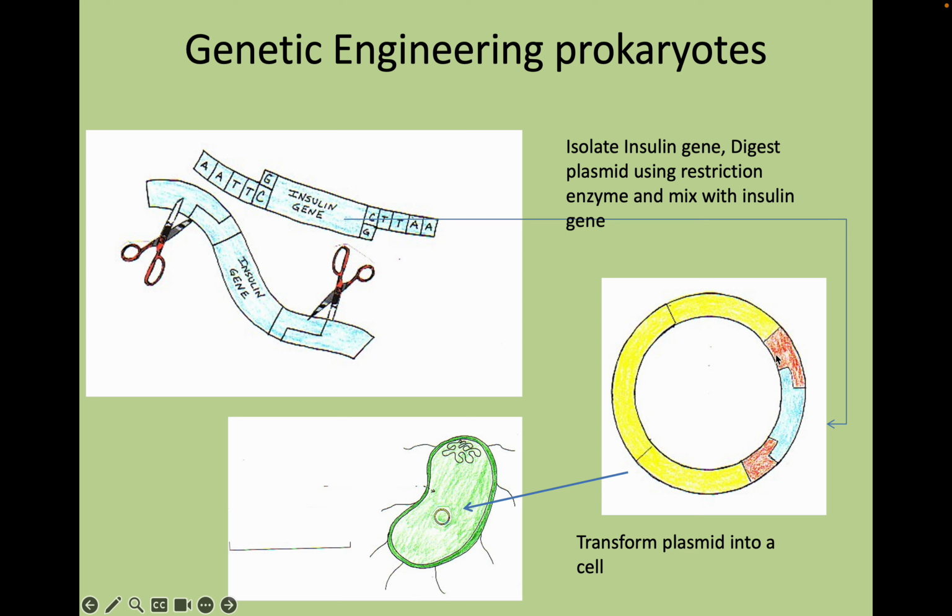And we're able to mix it with a plasmid and get the plasmid to take it up. So now we've inserted the gene for human insulin into a prokaryotic plasmid. And we can transform this plasmid into a bacterial cell and make a bacteria produce human insulin.